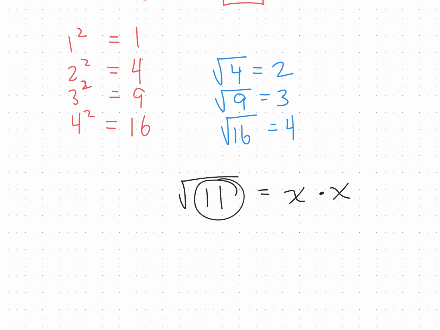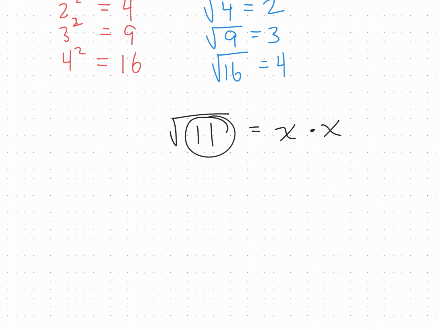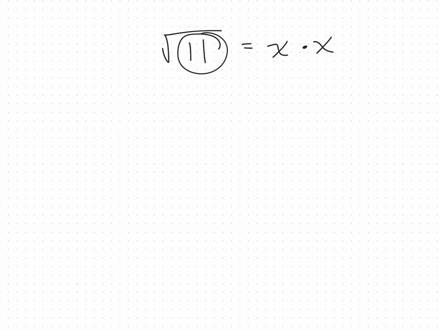So what do we do in that situation? The first thing we're going to learn to do is estimate the answer using a skill set that we can do by hand. It's a little bit of a confusing process at first, but with some practice, you'll get much better at it. So how do we approximate the square root of a number that is not a perfect square?